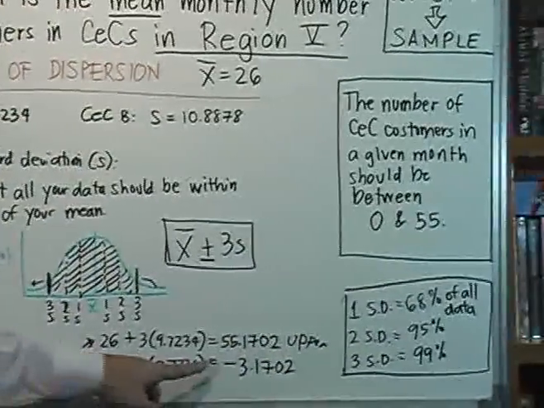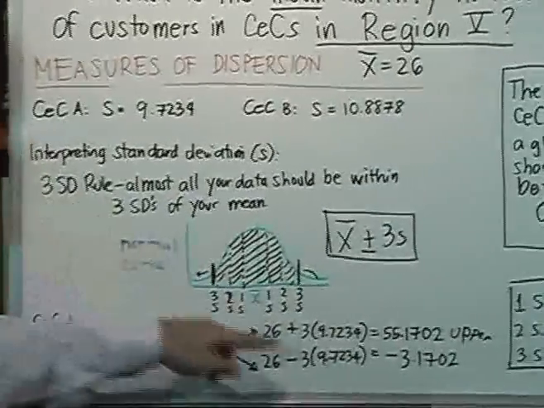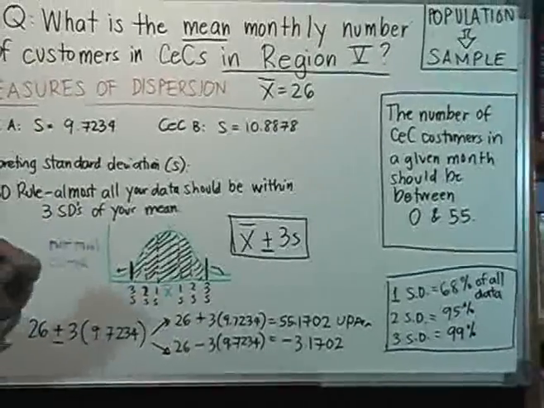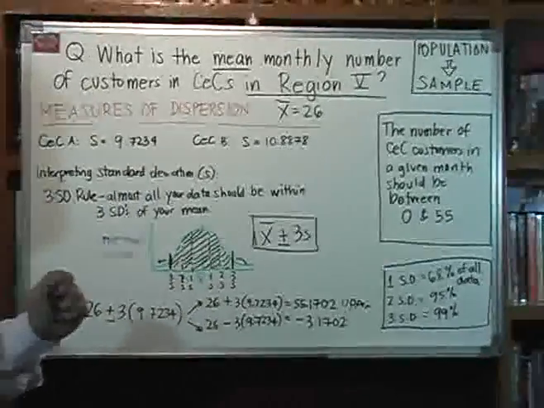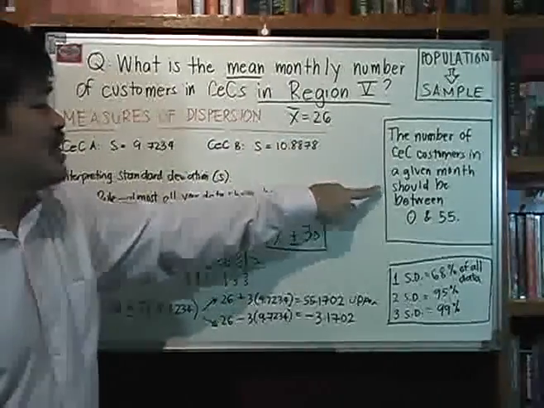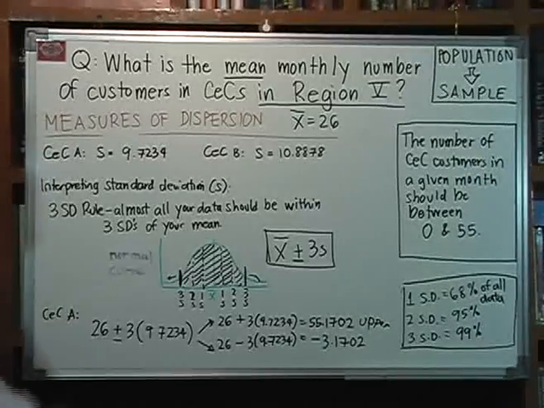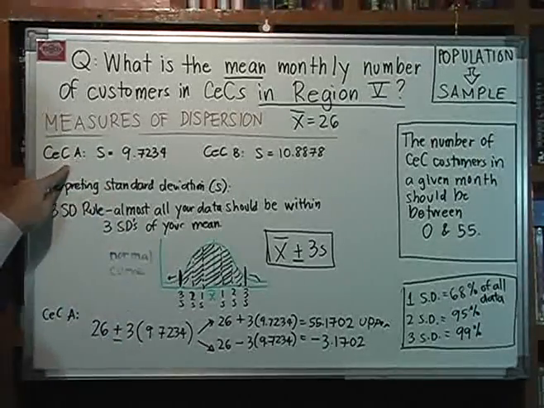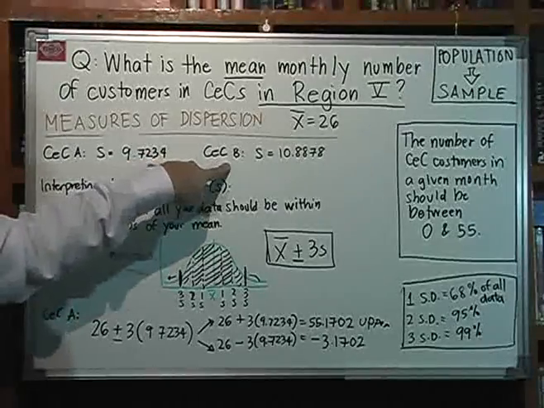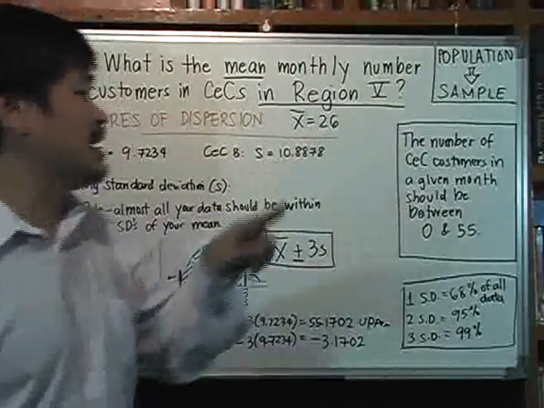So interpreting the standard deviation using the 3 standard deviation rule, we can come up with this statement: based on our computations of standard deviation, the number of CEC customers in a given month should be between 0 and 55. Remember, in CEC-A and CEC-B, we only got samples.